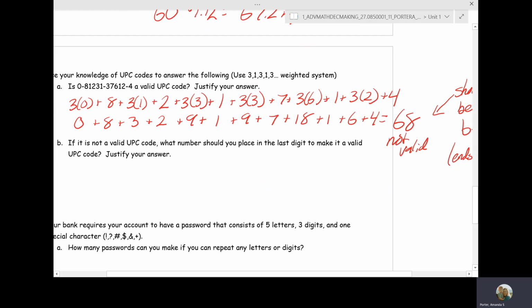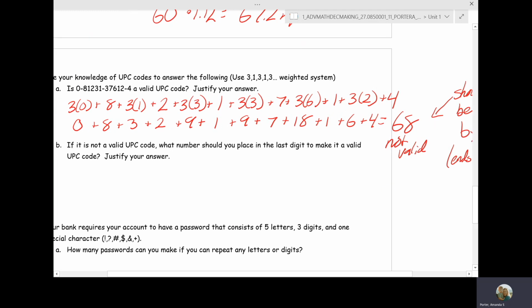So since it's not valid, I would answer B. What number should you place in the last digit to make it a valid UPC code? Well, I've got to go to the closest 10. So the closest 10 to 68 means I want to go up to 70.